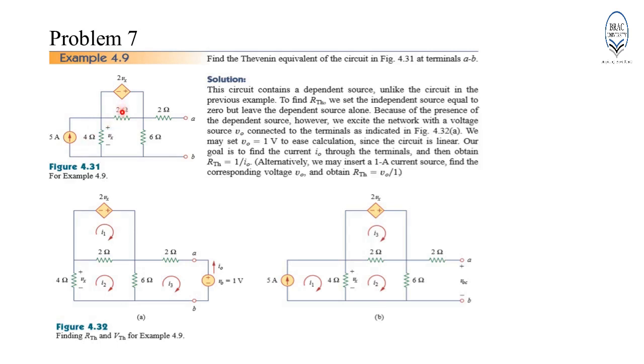Because of this, we excite the network by connecting a voltage source V0 across the terminals, as shown over here. We assume the voltage of V0 to be equal to 1 volt. Now, if we can determine the current through this branch, which is I0, then we can easily determine R Thevenin, which will be equal to V0 by I0 according to Ohm's law.